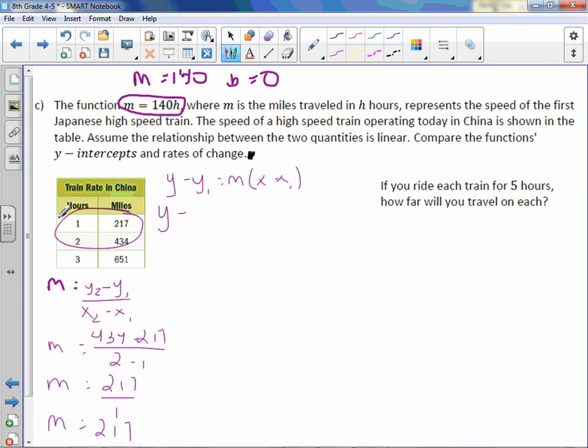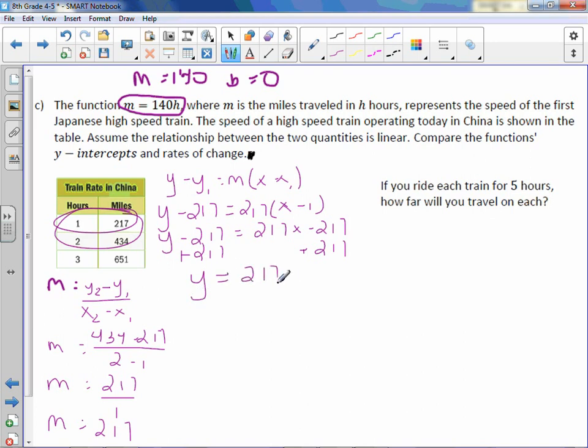Y minus, I'll use this first point, 217 equals, my slope is also 217, times x minus 1. Distribute, y minus 217 equals 217x minus 217. Get y by itself. We end up with y equals 217x, which tells me my slope, which I already knew, is 217, and here also I have a y-intercept of 0.